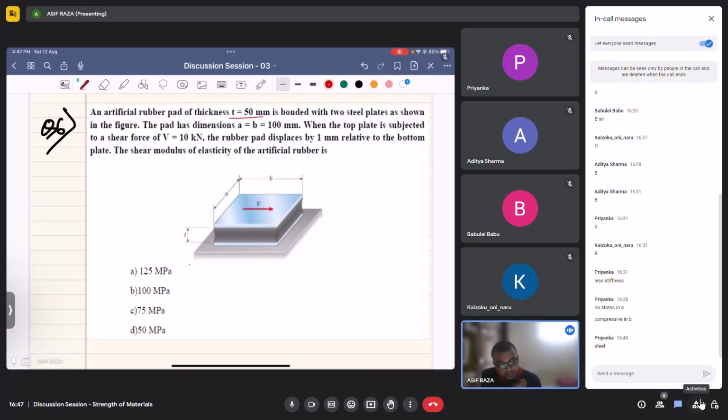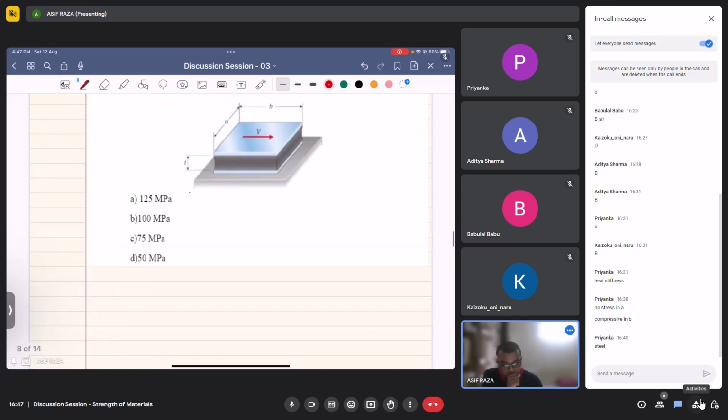The pad has dimensions A equal to B equal to 100 mm. When the top plate is subjected to a shear force of 10 kN, the rubber pad displaces by 1 mm relative to the bottom plate. The shear modulus of elasticity of the artificial rubber is, and the options are these.